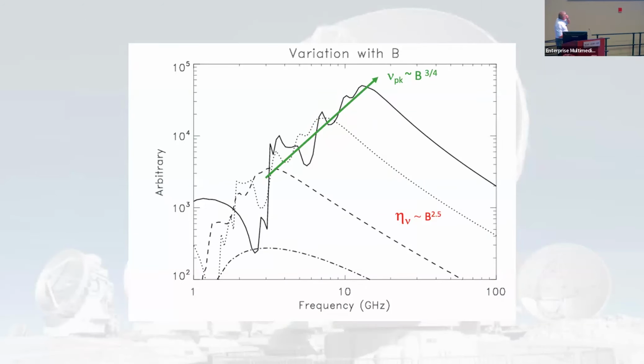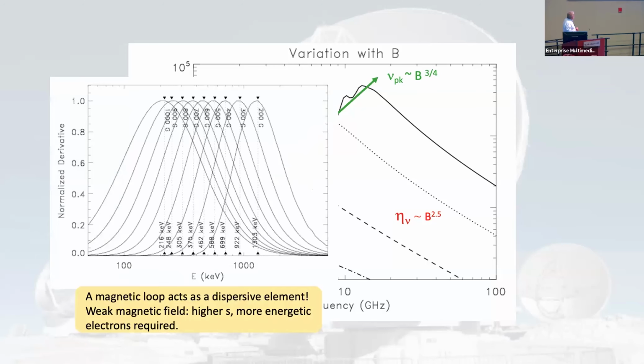So what's going on? Well, here are some uniform gyrosynchrotron spectra, with very strong sensitivity of the spectral maximum to the magnetic field. So you can think of, if we look at the contribution function producing non-thermal gyrosynchrotron radiation, the maximum contribution depends on magnetic field.